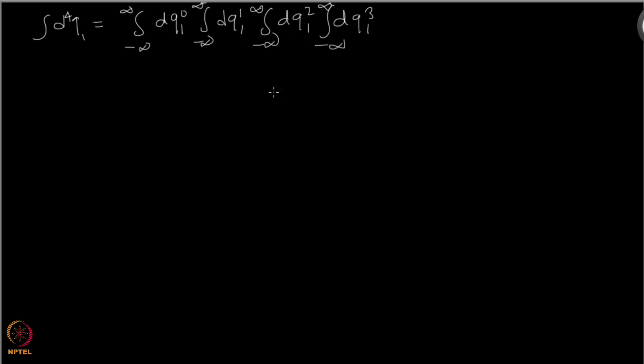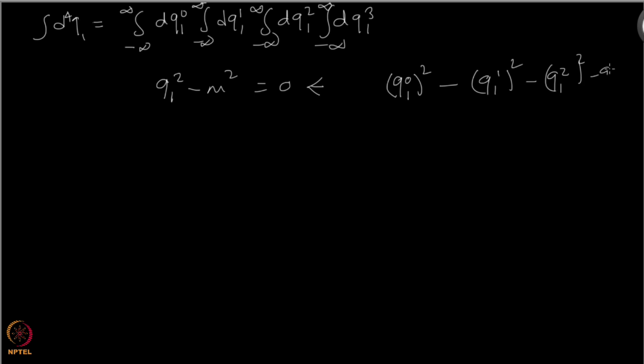So, these are basically x, y and z components, and this is the temporal component of the loop momenta. And they take all possible values, which means that q1 square minus m square equal to 0 will not in general be satisfied by this, because this is a very specific demand. It says that q10, the time component, squared minus the square of the spatial components q11, q12, q13, should be equal to m square. But here these are completely unconstrained, they take all possible values.